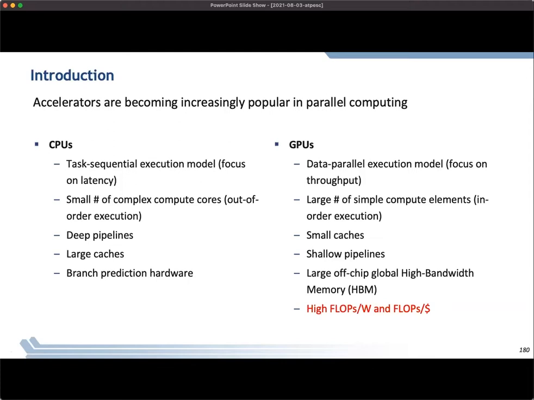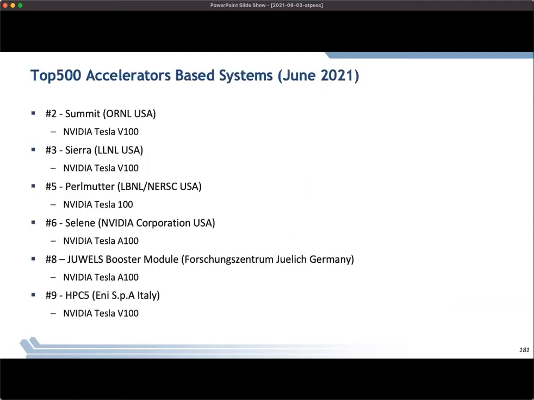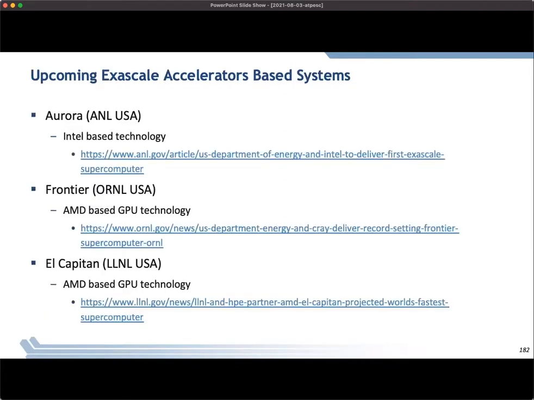GPUs have been widely adopted; in fact, 6 out of the top 10 supercomputing systems today use GPUs as their main processing unit. And all the upcoming US-based exascale systems are going to be GPU based.